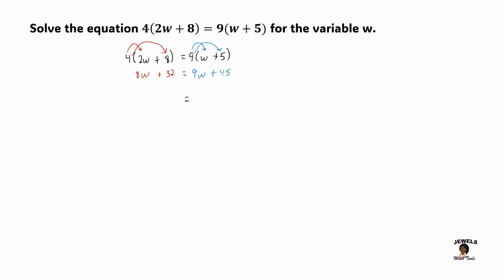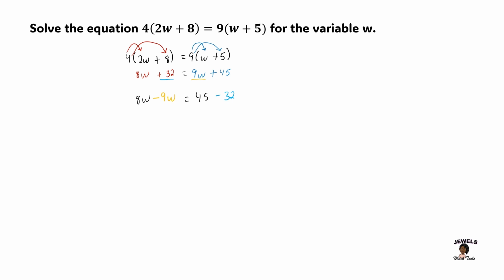Since 9w is positive on the right-hand side of our equation, when I move my 9w over to the left-hand side, we're going to subtract that 9w from 8w. And now in looking at our next term, I'm going to bring down my 45. And in looking at my 32, since 32 is being added, I'm going to now subtract that on the right-hand side of the equation.